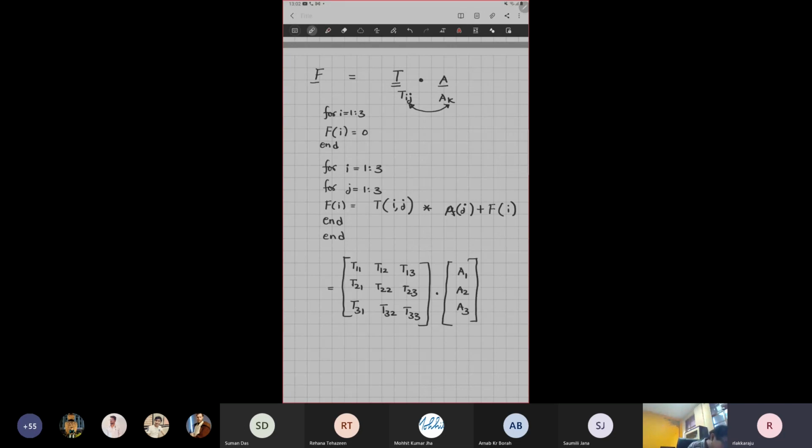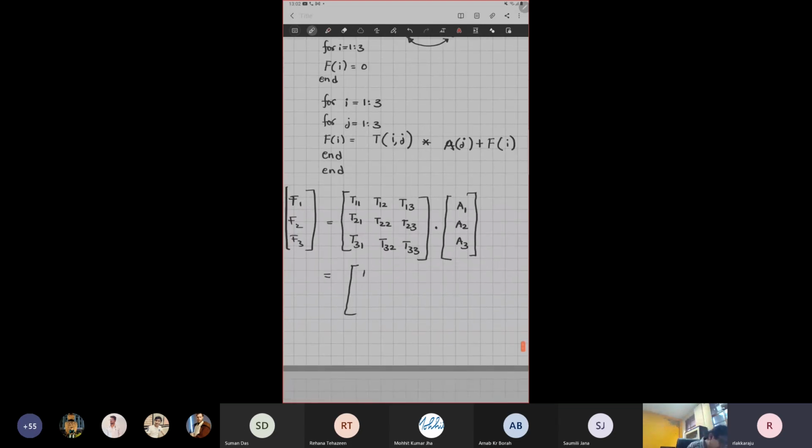I would like to write to get F1, F2, F3, nothing but T11 A1 plus T12 A2 plus T13 A3, T21 A1 plus T22 A2 plus T23 A3, T31 A1 plus T32 A2 plus T33 A3.